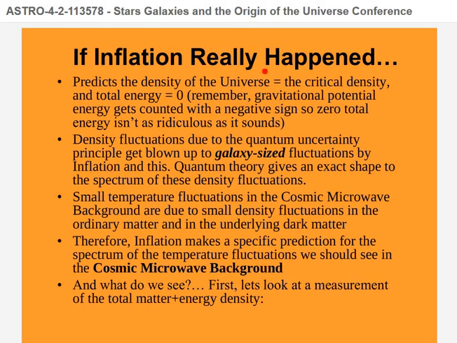But if inflation really happened, it predicts that the density of the universe is precisely at the critical density. That's one prediction of inflation. So if we could measure that the density really is at the critical density, then there's actual independent observation.